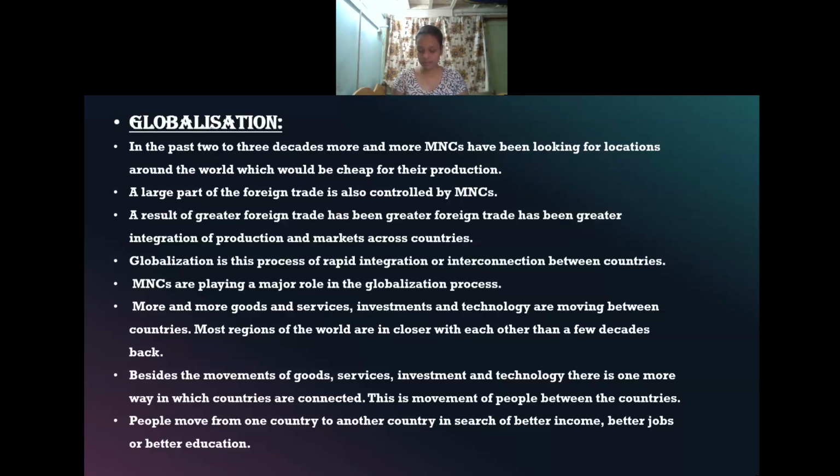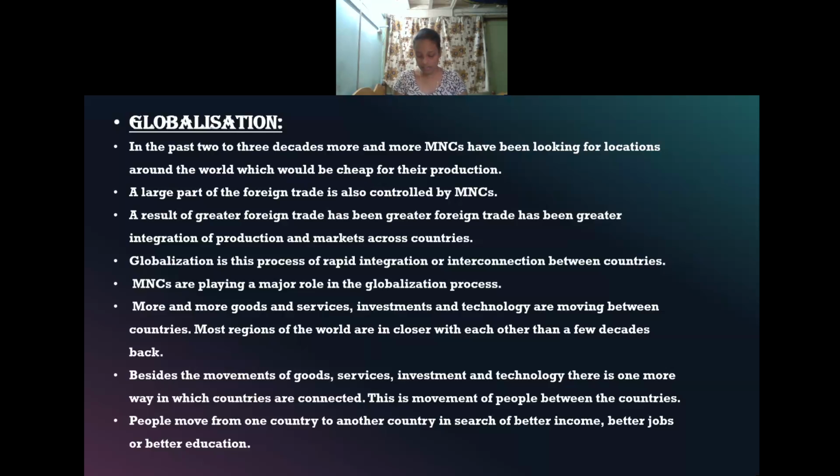The foreign investment by the MNCs in these countries has been rising. At the same time, foreign trade between the countries has been rapidly increasing nowadays. A large part of foreign trade is controlled by the MNC companies only. A large amount of the production taking place in different countries is controlled by MNCs in the world.